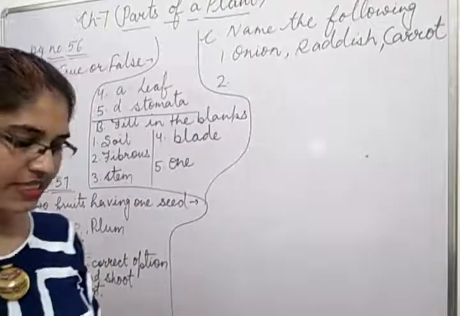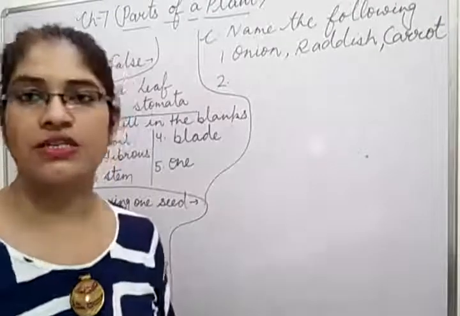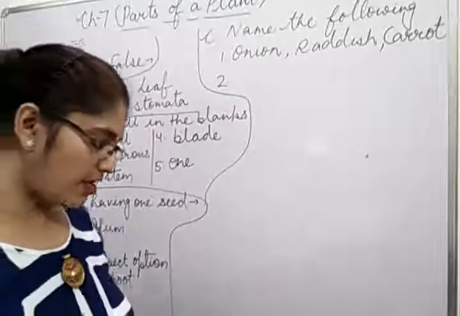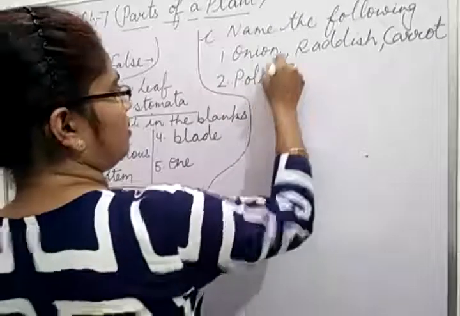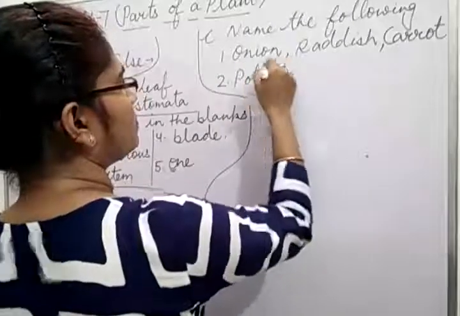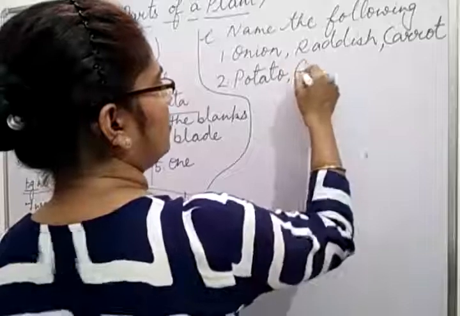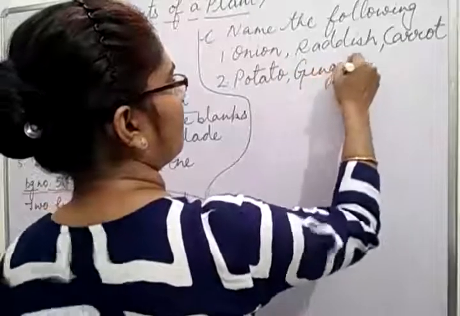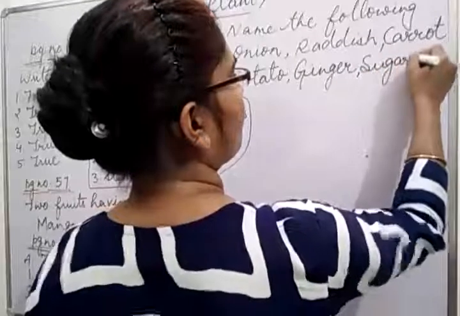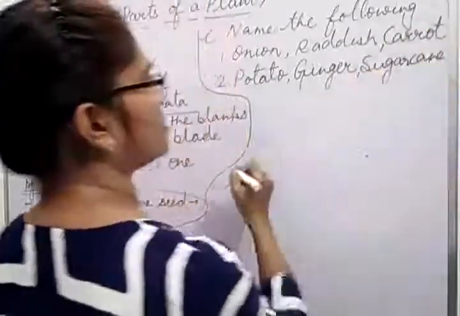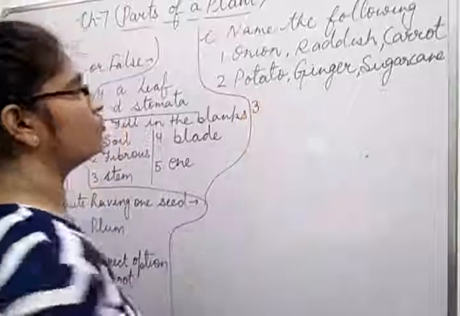Second question, 3 stems which we eat. You have to tell the names of 3 edible stems. That is, potato is an underground stem, ginger and sugarcane. These are stems which we use to eat.